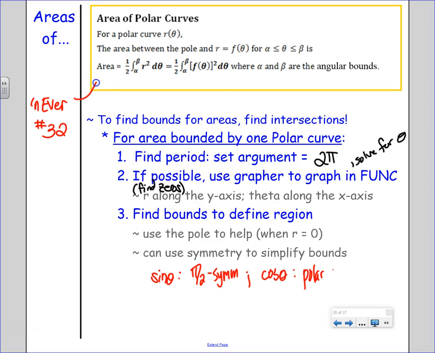Doesn't mean that a cosine can't have pi over 2 also, but we're just going to say it has at least polar. Sine of theta has at least pi over 2 symmetry. Depends on the function as to exactly how symmetric it will get.